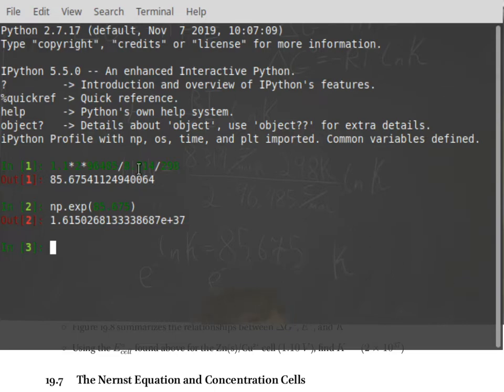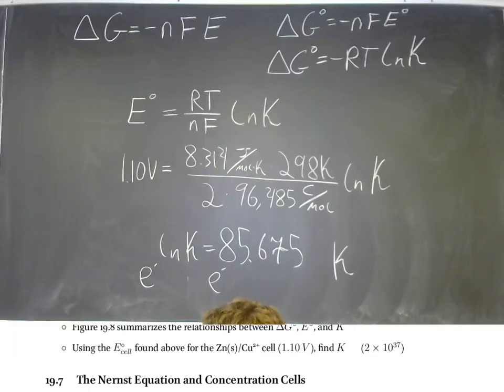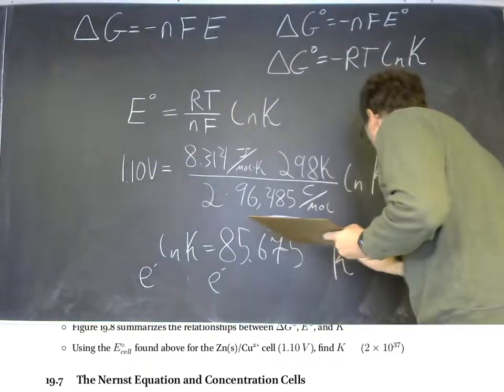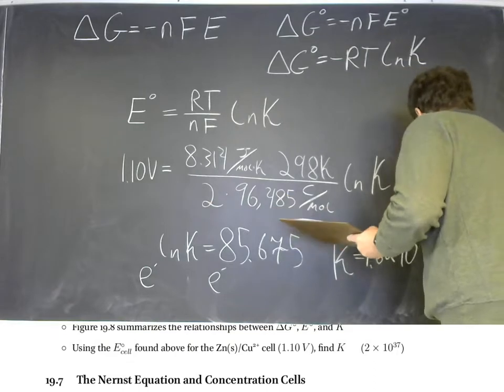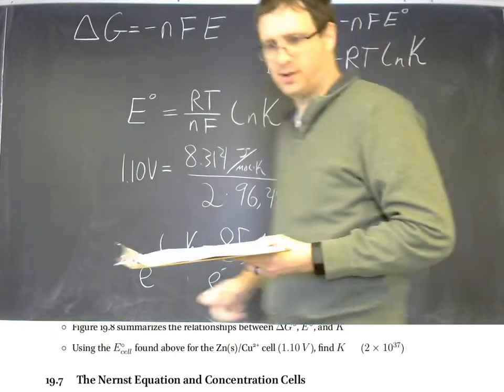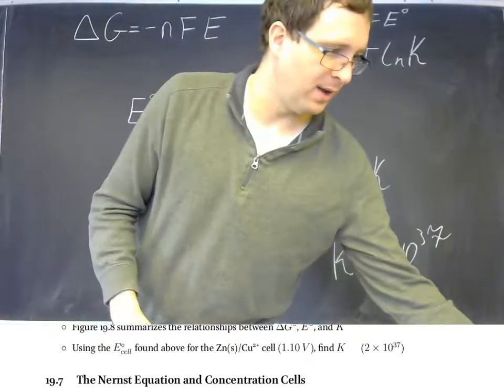You can see there my notes should be 1.62. So get rid of that. 1.62 times 10 to the 37th.